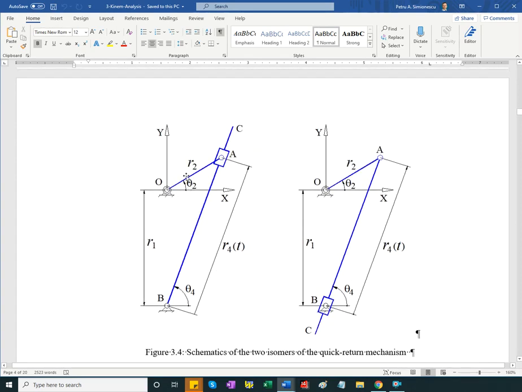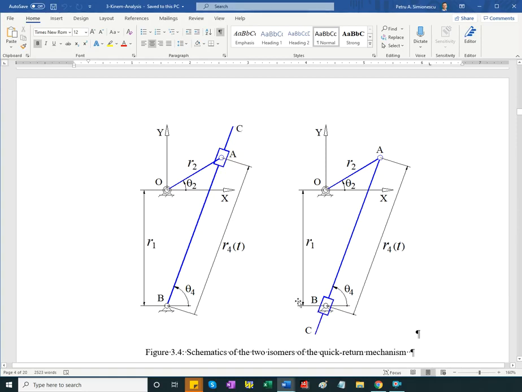For the quick return mechanism, we choose theta 2 and theta 4 as shown, measured from the x-axis or parallel to the x-axis. We need to be given R1 and R2, and it has two isomers, two possible embodiments, as you can see: the slider oscillates about the ground joint B, and this is a free end that moves, versus this one that is oscillating.